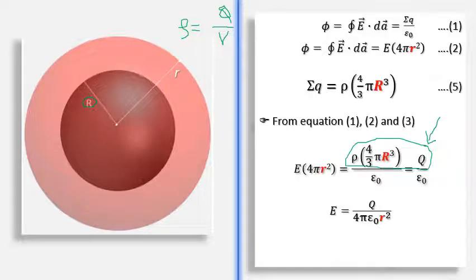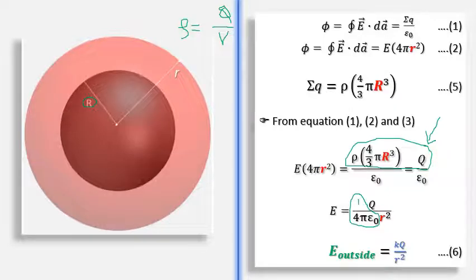What are we getting? We are getting 1 by 4 pi epsilon 0 Q by R square. Isn't it a familiar formula? 1 by 4 pi epsilon 0 is K, and then E is nothing but KQ by R square, which is very similar to the formula of a point charge.